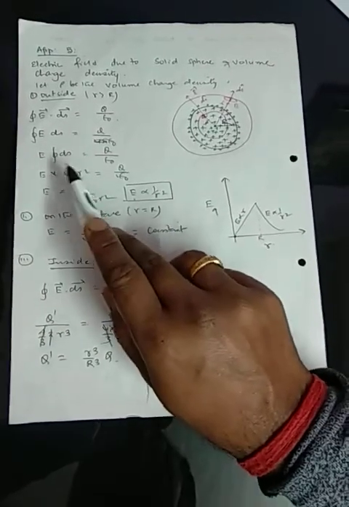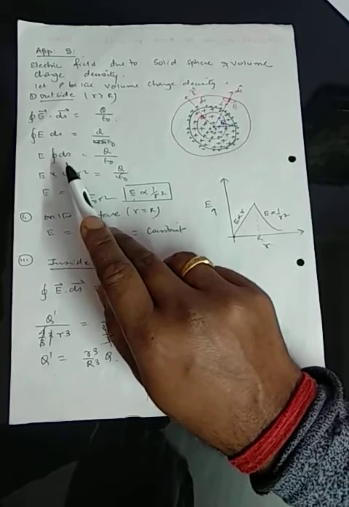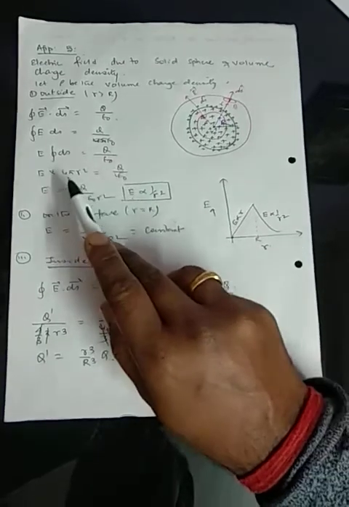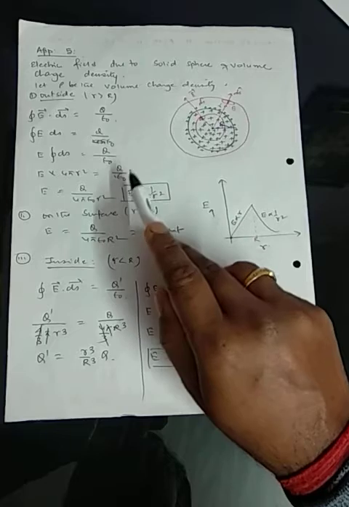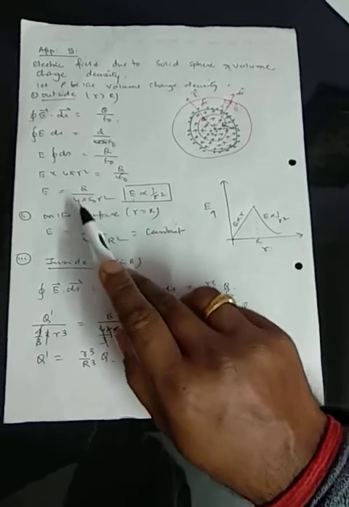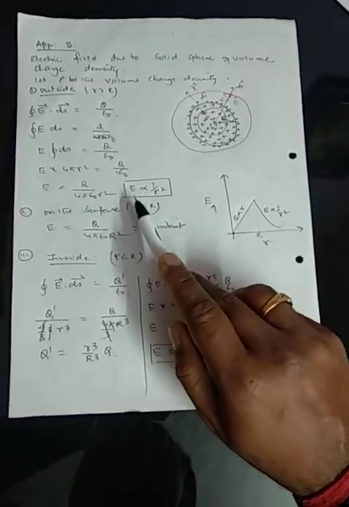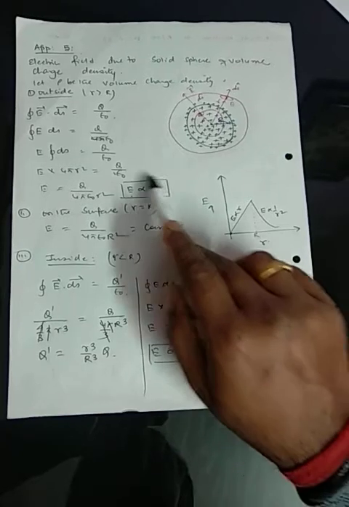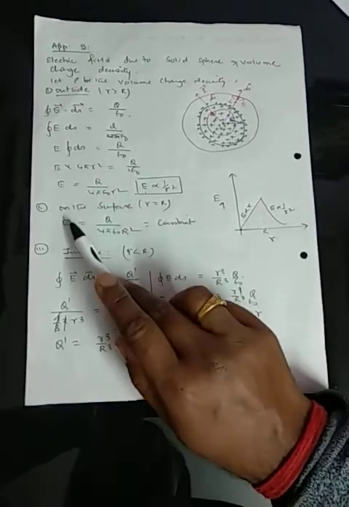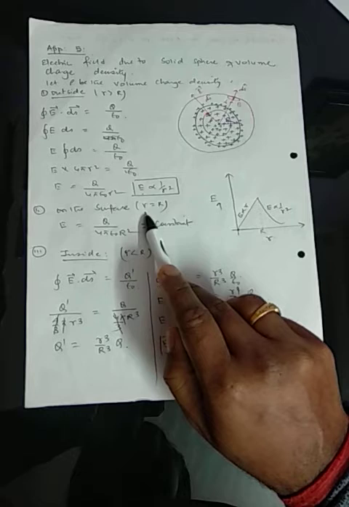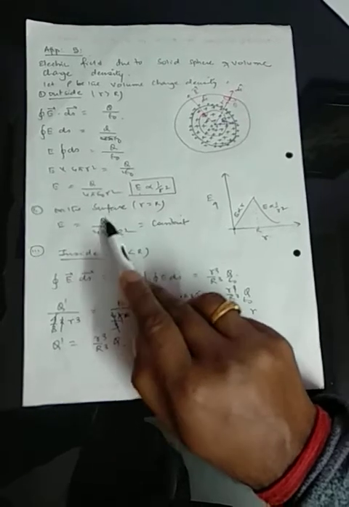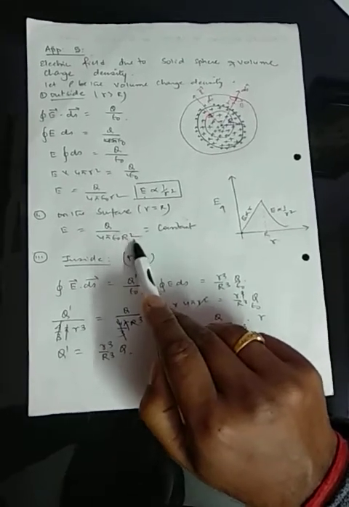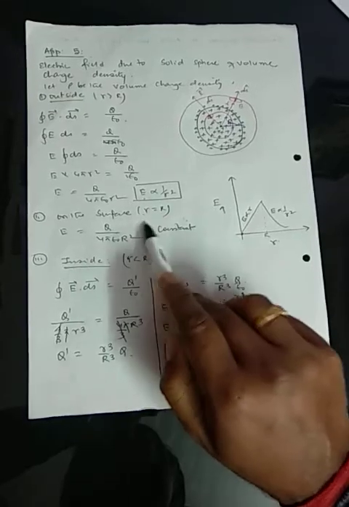E is constant, so taking ds only and integrating ds only, we get q by epsilon naught. Integration of ds will be 4 pi r square. So E is q by 4 pi epsilon naught r square. Here the electric field is only depending on r in this particular relation, right? Calculating on the surface, we will be replacing small r by capital R. Value will be E is equal to q by 4 pi epsilon naught R square. Like application number 4, this value is also constant.